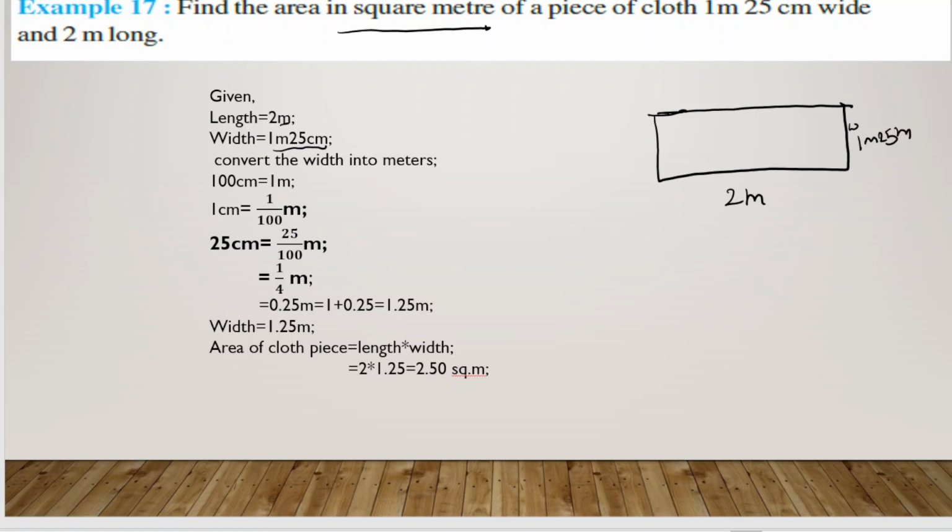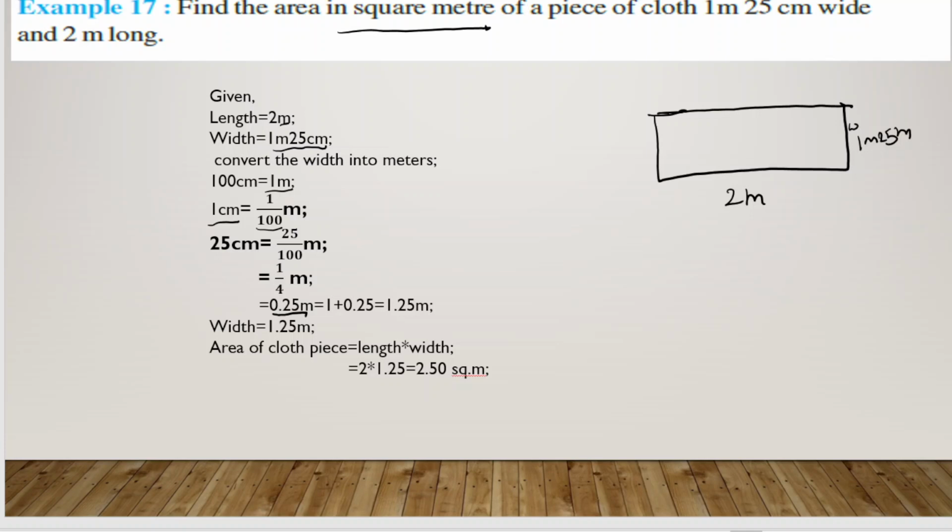To convert the width into meters, you know that 100 centimeters equal 1 meter. So 1 centimeter equals 1 by 100 meter, and we need to find out 25 centimeters. So 25 centimeters equal 25 by 100 meters. Here this 25 by 100 is nothing but 1 by 4 meters, and this is nothing but 0.25 meters.